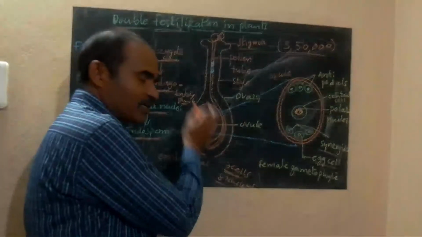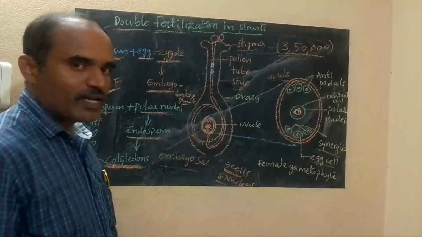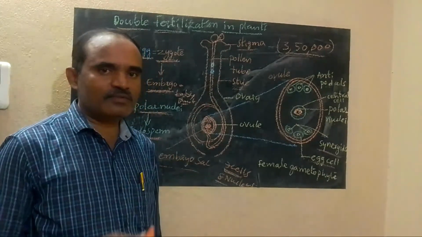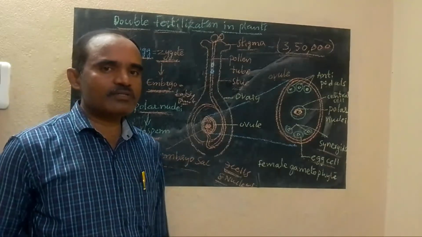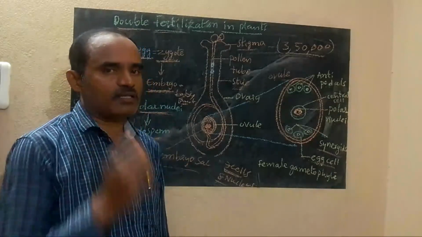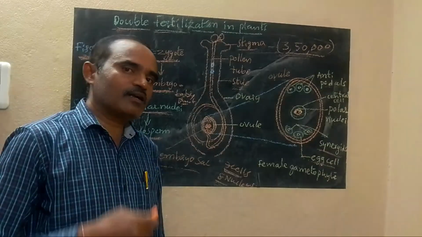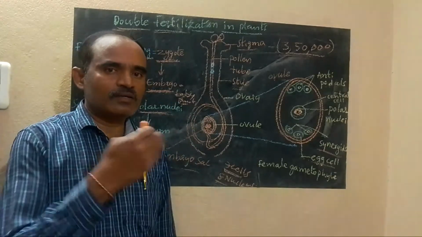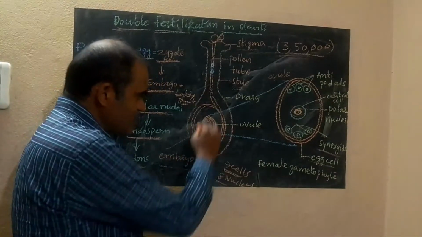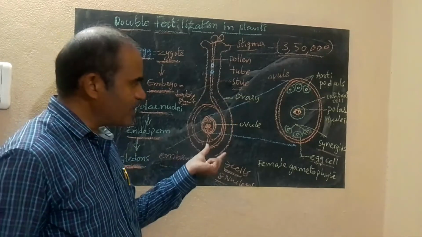Inside the ovary, in some flowering plants there are one, two, three ovules, and in some plants more than three, even hundreds of ovules are present.